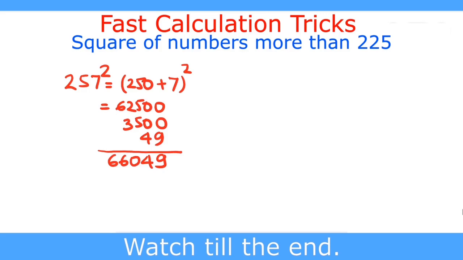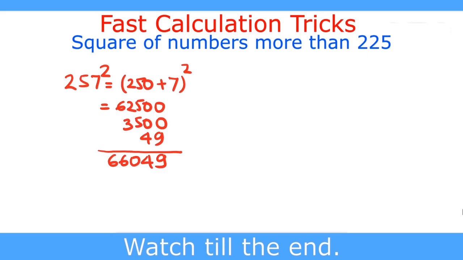In earlier videos, we had taken 50 as base for finding the squares of the numbers from 26 to 75. For numbers 76 to 125, we had taken the base 100 and written the number in terms of 100 plus or minus.